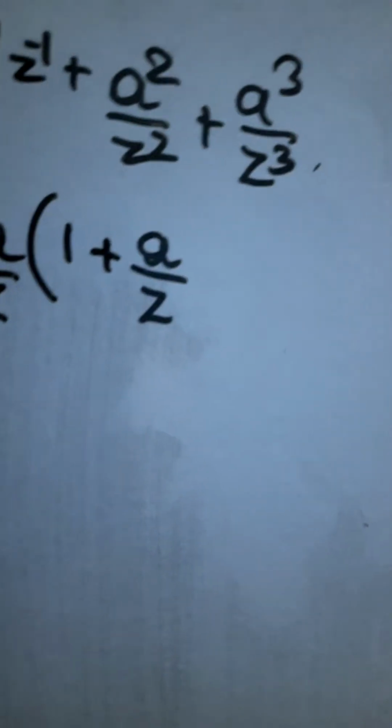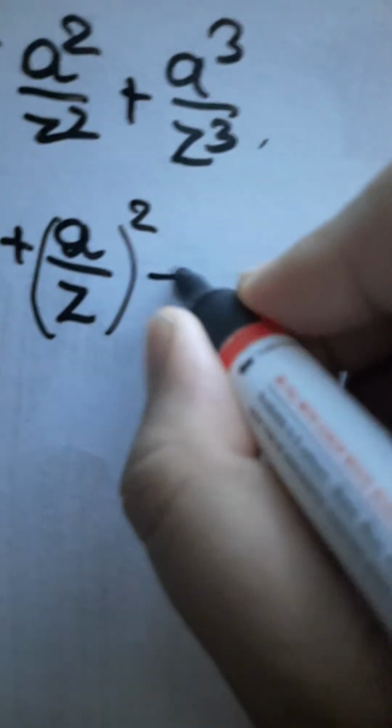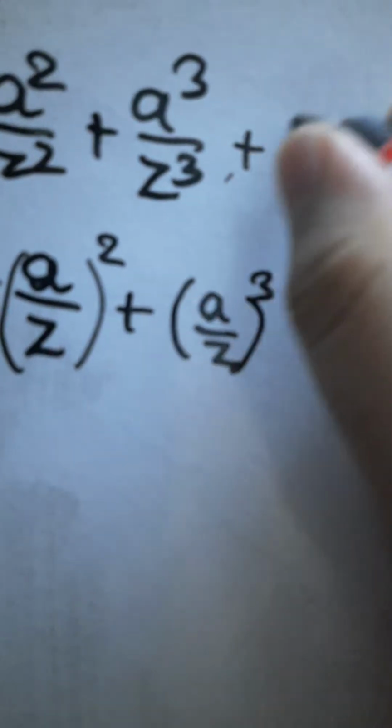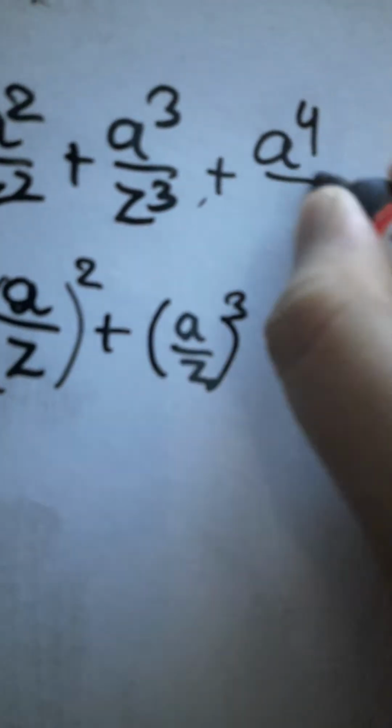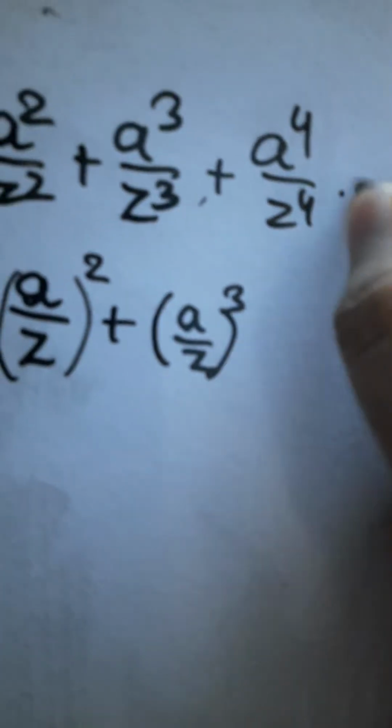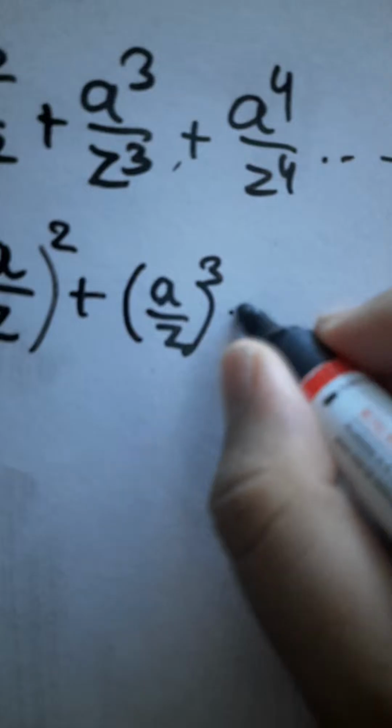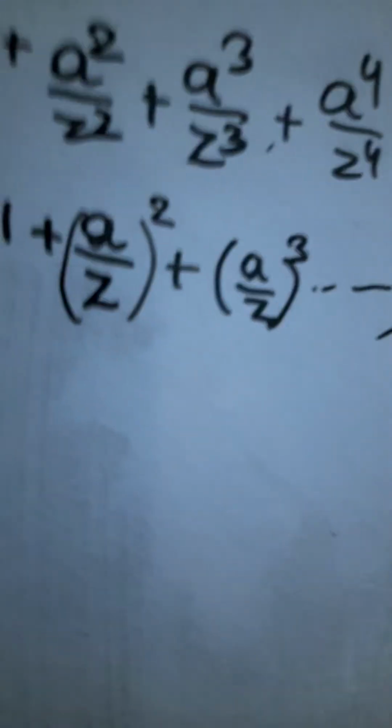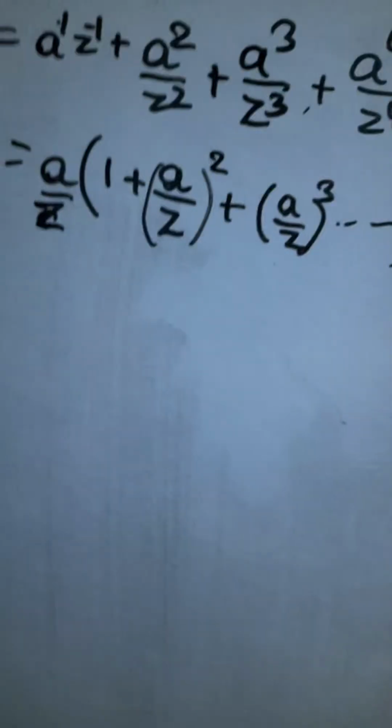Okay, plus (a by z) whole squared plus (a by z) whole cubed, and so on. Wait a second, let me show you. A raised to 4 by z raised to 4 and so on. As you might know, this is called a power series.